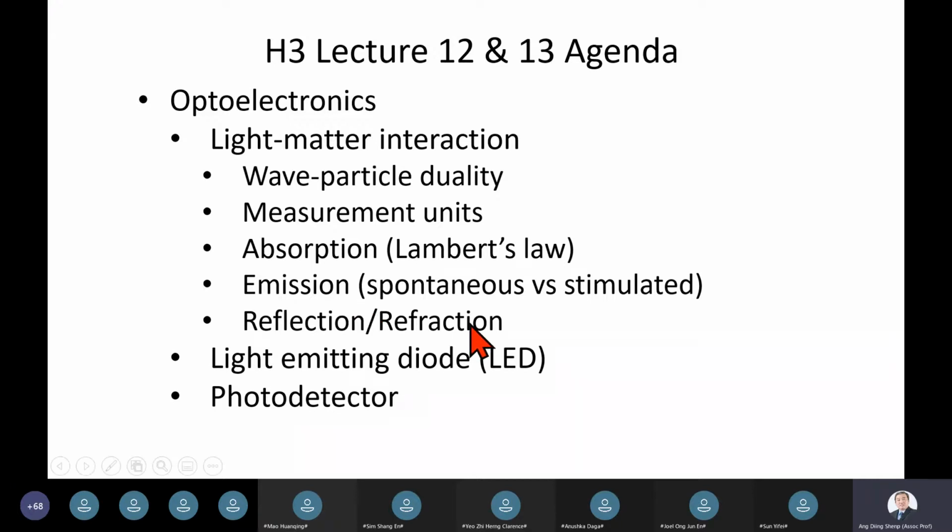Under emission, we are going to talk about spontaneous versus stimulated emission, although we do not have time to go in depth into stimulated emission. The discussion is just to let you be aware that emission can be classified as spontaneous or stimulated. And then I'll end the discussion with a brief mention of reflection and refraction.